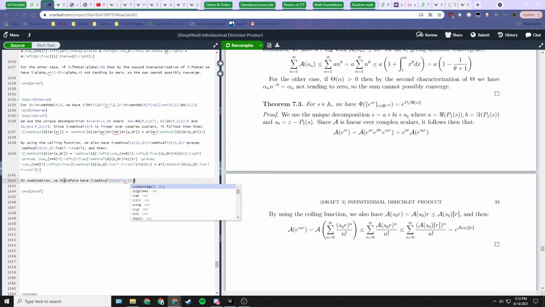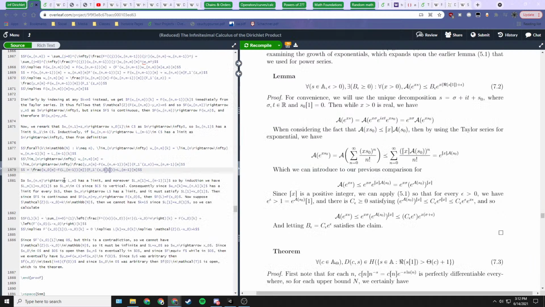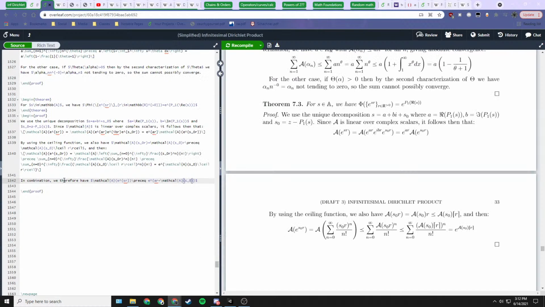This is bounded by E to the AR times E to the, actually we can just do AR plus A S0 ceiling of R. That's maybe not what we need. I can maybe simplify this.